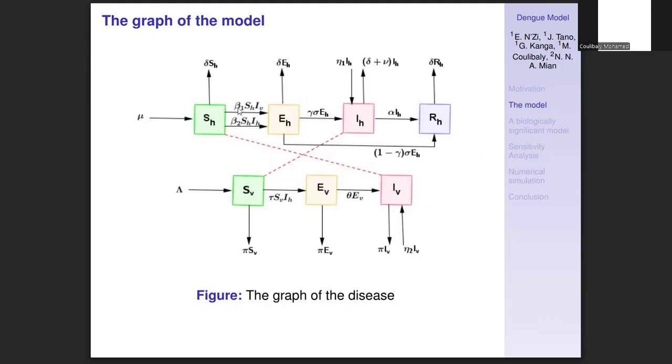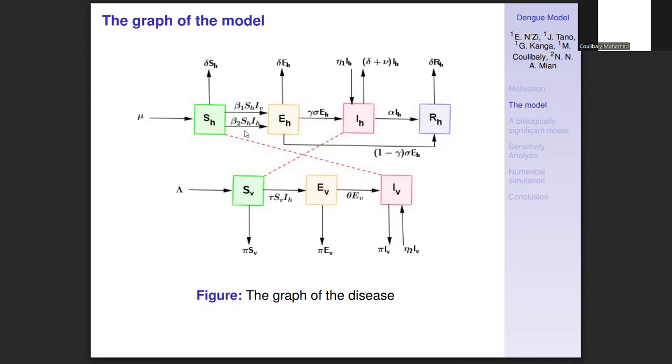And in our model, we have 2 types of transmission. Beta 1 is the rate of transmission between infected vector and susceptible human.